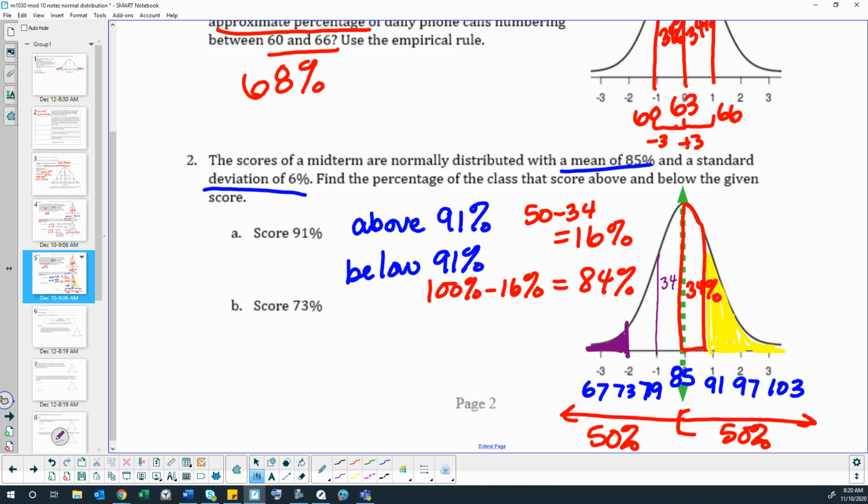And then from here to here is 95% of the data, right? So what's half of 95%? 47.5. Okay. So this piece here represents 34.